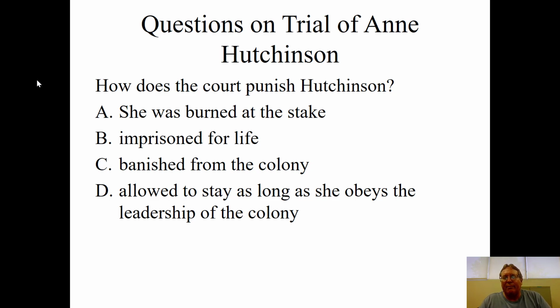So they do the thing that makes the most sense. They banish her. They say, look, if you can't get along with us, you can't stay with us either, right? It is in a very real way our way or the highway, right? Follow the line, do what you're told, or get out. Well, she decides to get out, all right? She doesn't have any other choices.